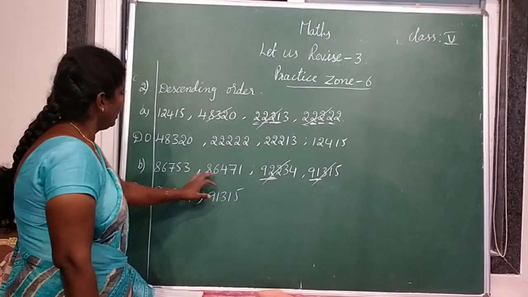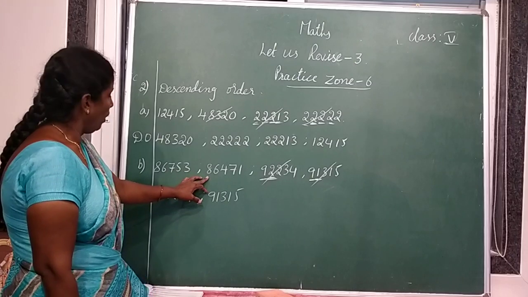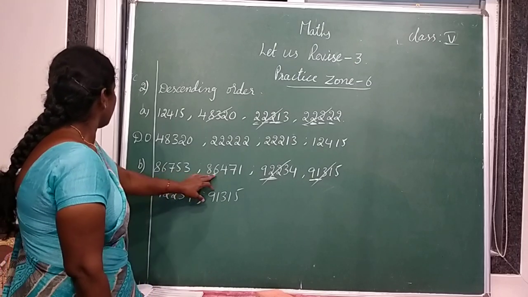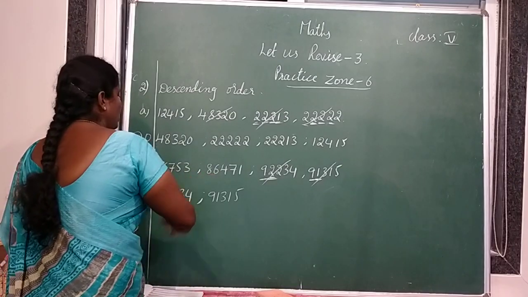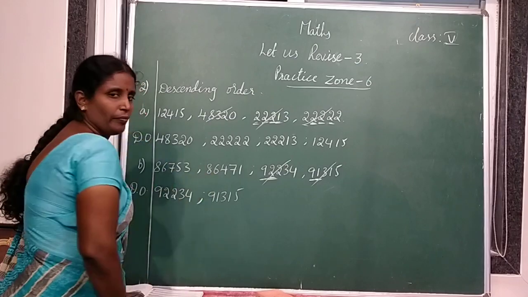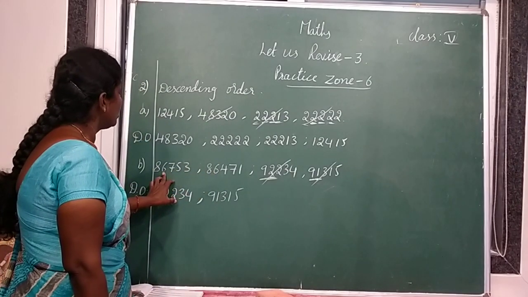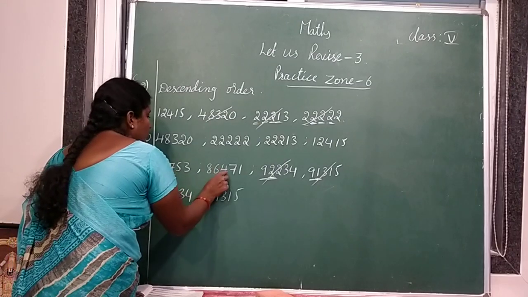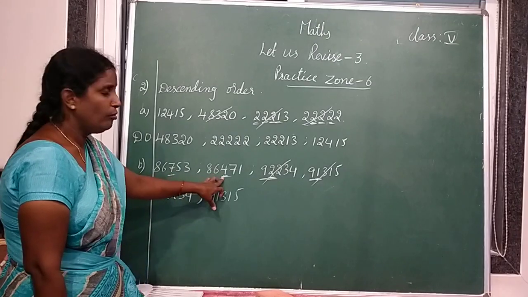Next, in these two numbers, 8 in the 10,000s place. So check the thousands place digits. What are the thousands place digits? 6, 6. So same in thousands place also. So check the hundreds place. What are the digits in hundreds? 7, 4.